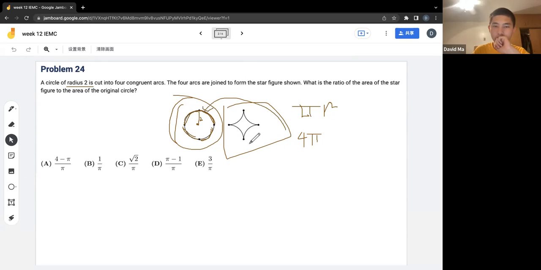Now, what is the area of the star? I'm gonna draw this to make it more obvious.